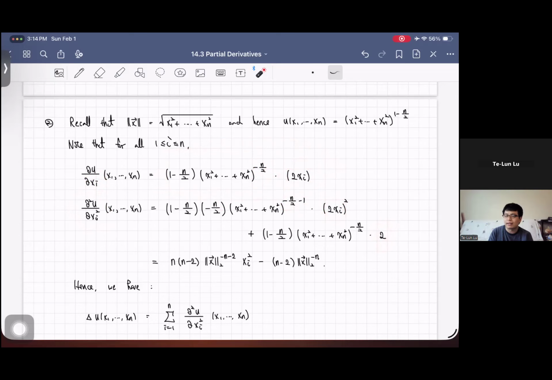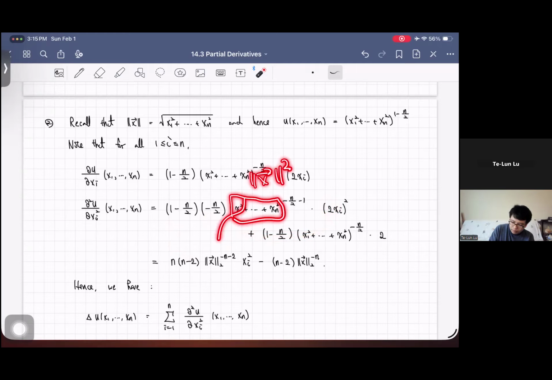Now, let us write this back in terms of the magnitude, which is much easier to understand. So first of all, there is a 4 here, a 2 and 2, right? So you multiply by 2, you get 1, 2 minus n, and minus n, which by replacing the minus signature, you get n times n minus 2. This guy is actually the magnitude of x squared.